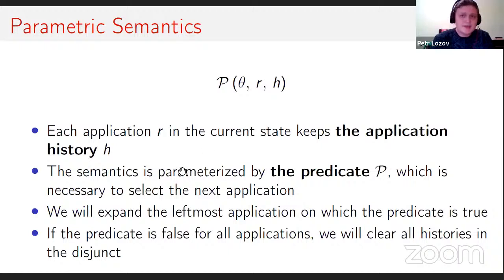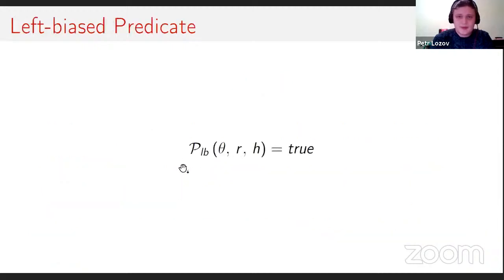So we can define different semantics using different predicates. The simplest predicate is the constant true. In this case, we get the conventional left-biased semantics, which always unfolds the leftmost conjunct.